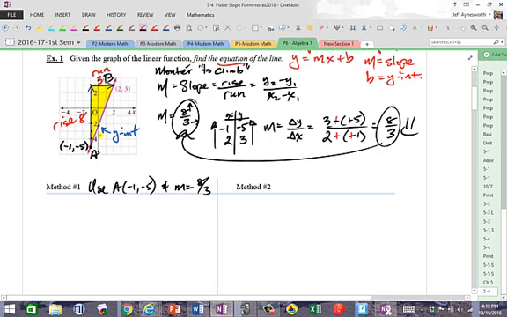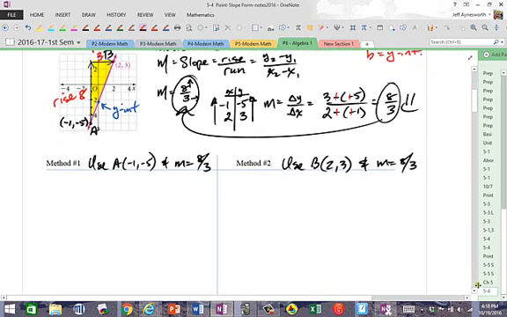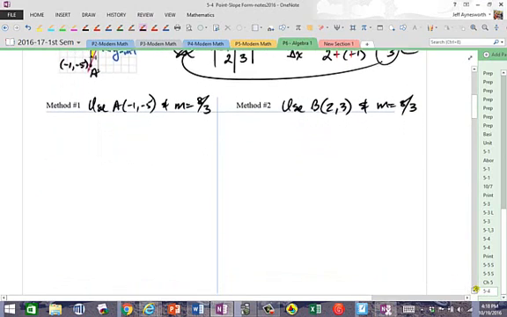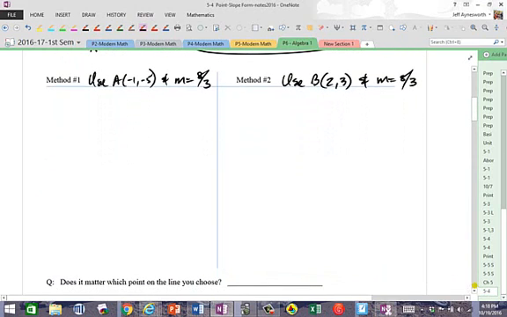We're going to use A first, and then over here, method 2, we're going to use B next. Personally, I like using B better, but the question is, does it really matter? And I don't want to spoil the surprise. So I'm going to do it 2 different ways, and then we're going to tell. If we get the same result using 2 different methods, then it doesn't matter. If we get different results, well, guess what? It matters. Okay, so here we go.